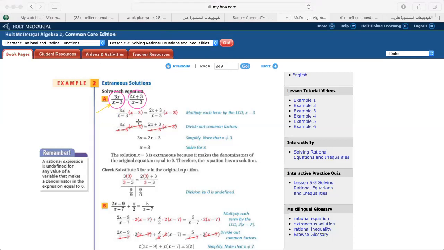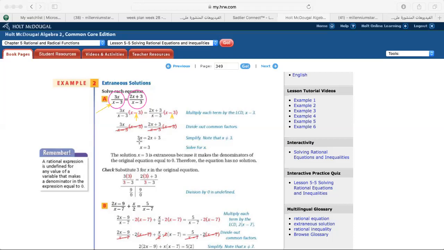So I'm going to multiply here by X minus 3 and here by X minus 3. X minus 3 will cancel X minus 3 here, and X minus 3 will cancel X minus 3 here. Why am I doing this?